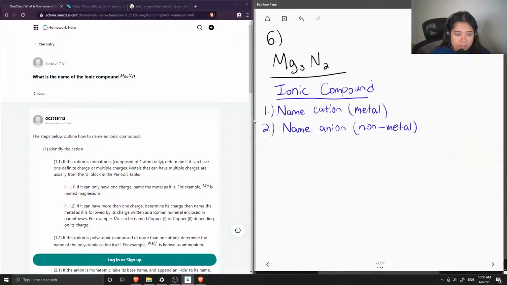But in our case, we just have magnesium and nitrogen. And then if it applies, we would also state the oxidation state of our metal. I'm going to also add, can also specify oxidation state.